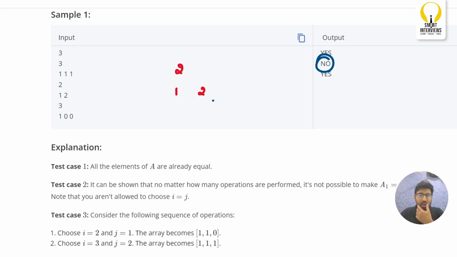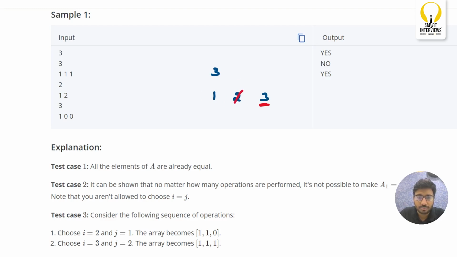Let's generalize this and then try to understand this with the help of a small example. Okay, let's say you are given an array of size 3, let's say 1, 2, 3. Now when we want to make it equal, let's say we want to make all of them 3. This is already 3. To make this one 3, we can simply add 1 to this number.